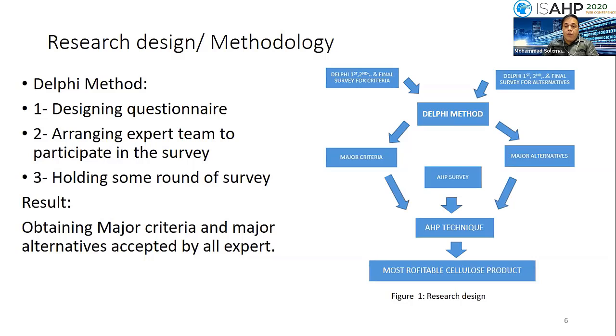We do the same for alternatives to obtain the major ones. In the ISAHP model, there will be a connection between the criteria and alternatives, which we obtained in the Delphi method. We use Expert Choice to pave the way to make the judgment.